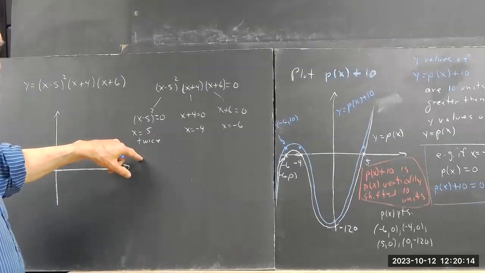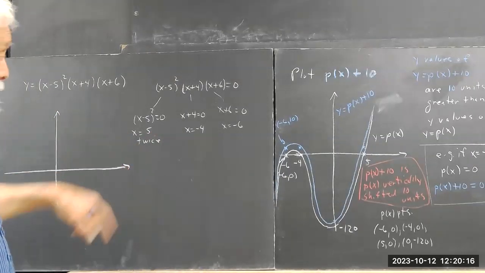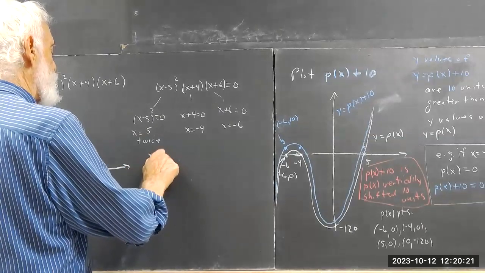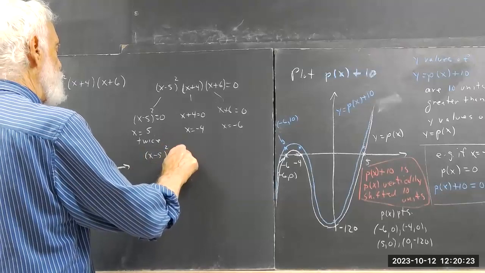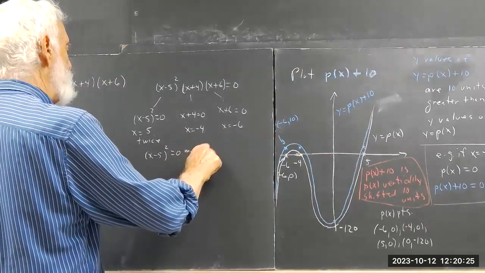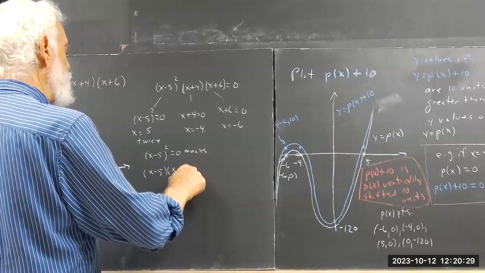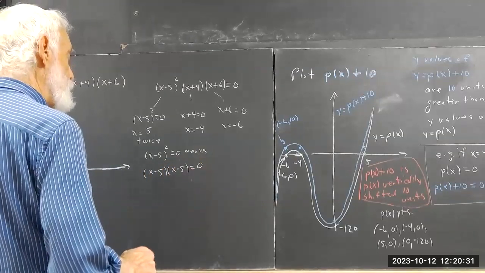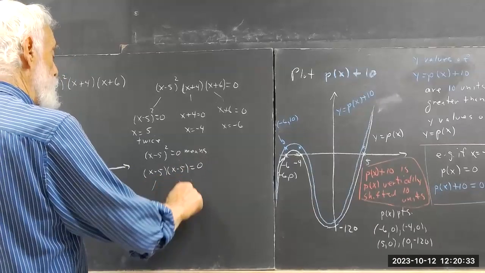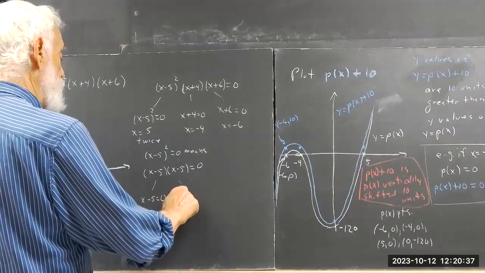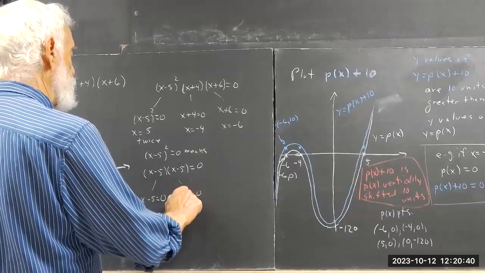Here, x equals 5 twice. Why? X minus 5 squared equals 0 means x minus 5 times x minus 5 equals 0, which gives us x minus 5 equals 0 for this one, and x minus 5 equals 0 for this one.